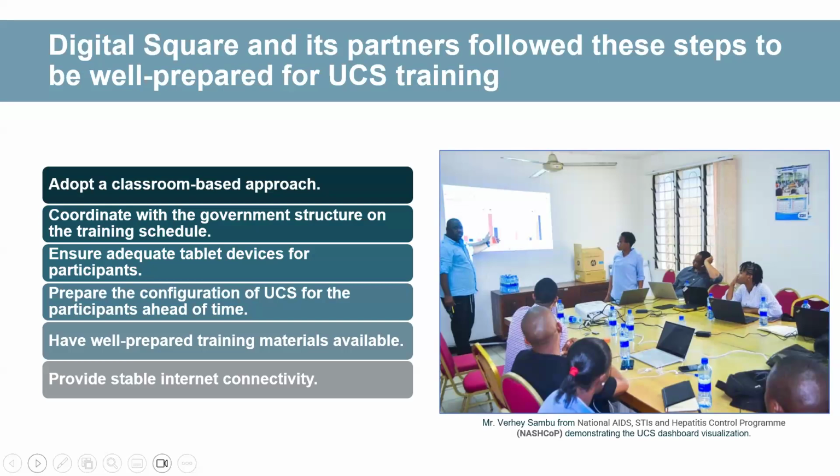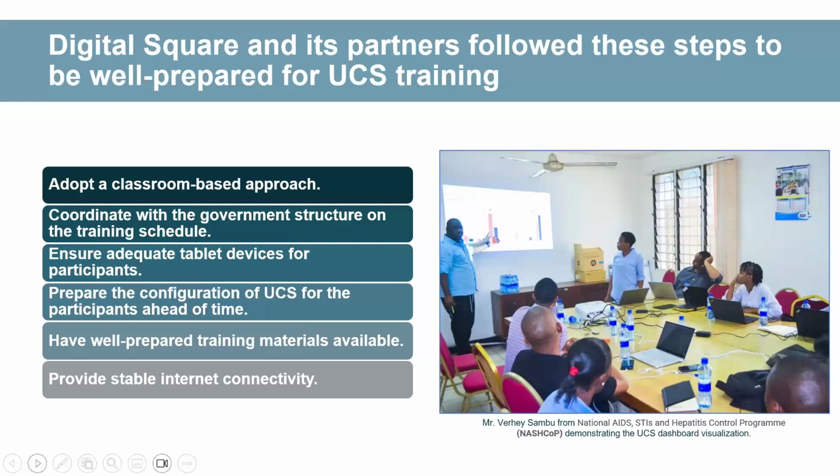This was a good approach that we saw giving us good results in terms of training. We kept our classes as small as possible, with a recommended number of 50 participants per class, and therefore making it manageable by trainers to do facilitation.